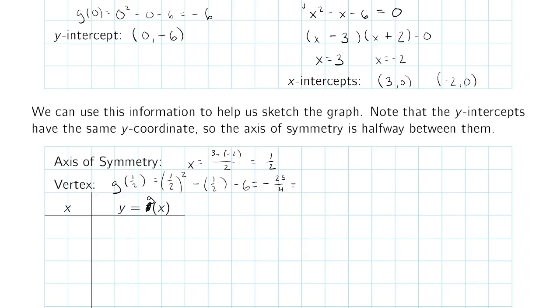So I'm going to make that a decimal, negative 6.25. Or maybe I want to make that fractional part a fraction, so have a mixed number, negative 6 and 1/4. My vertex is x is 1/2, y is negative 6 and 1/4.